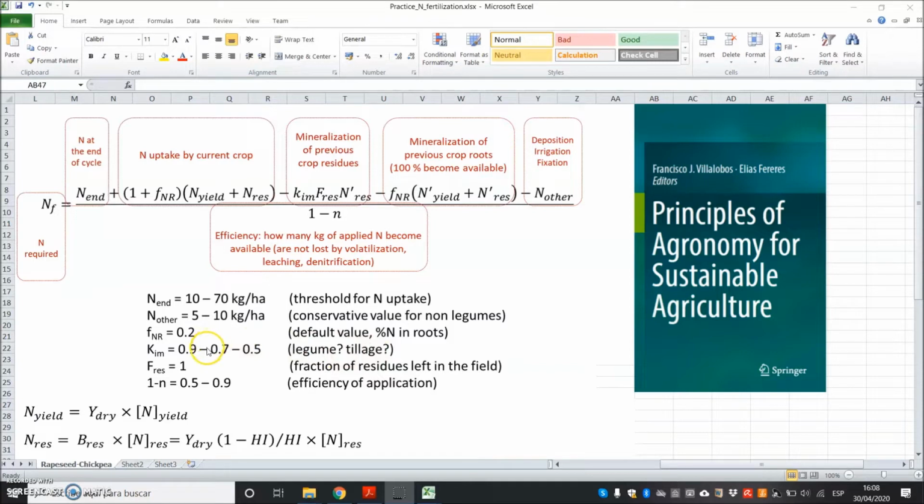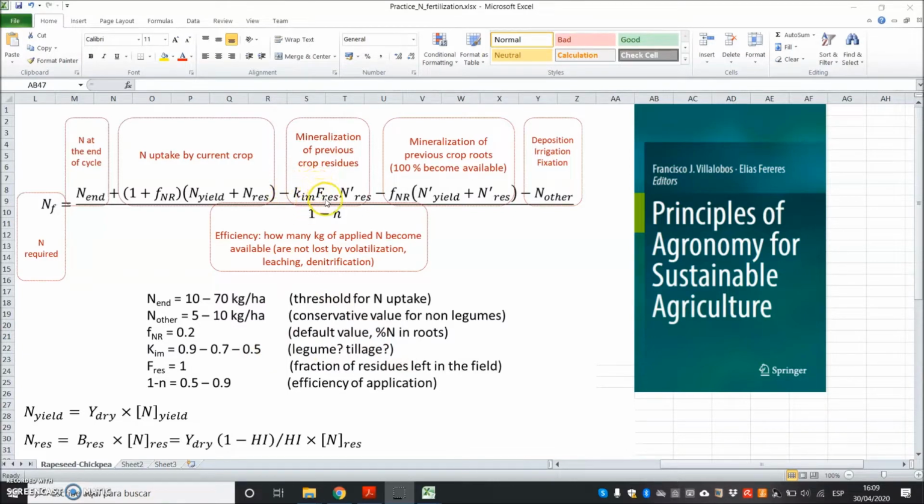If the legume is grown in a no-till system, we will use 0.7, and this will be also the value that we will use for non-legume crops under tillage systems. Finally, if the crop is not a legume and the soil is not tilled, then we will use the lowest value, 0.5. This is a simple rule that we can adopt for giving values to this coefficient.